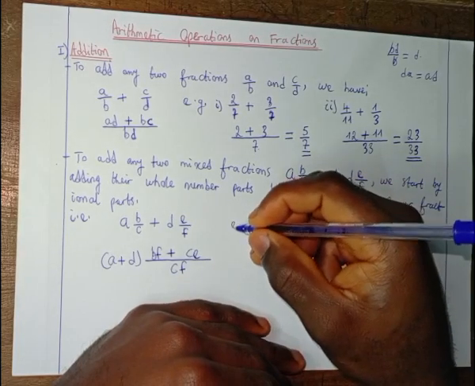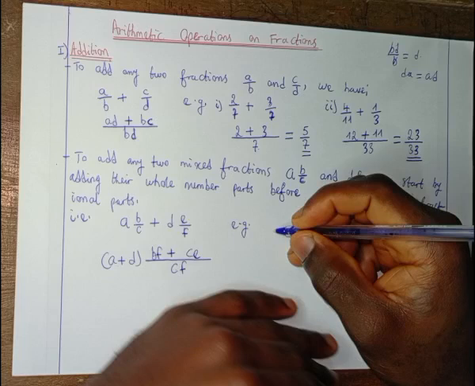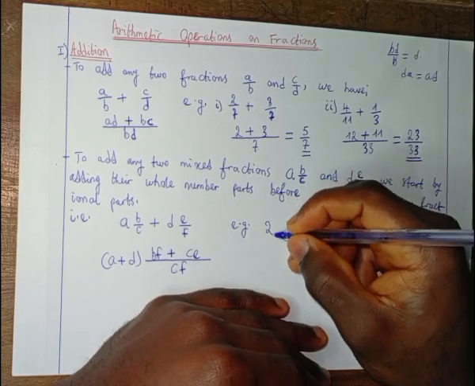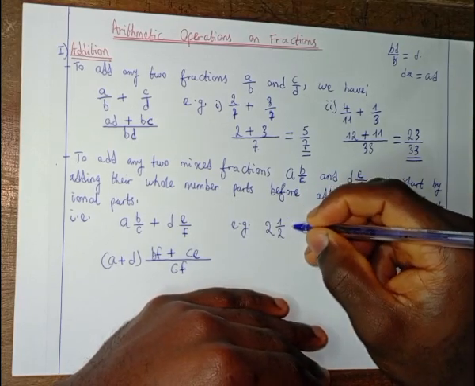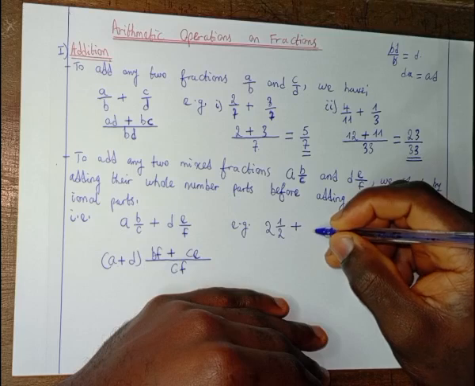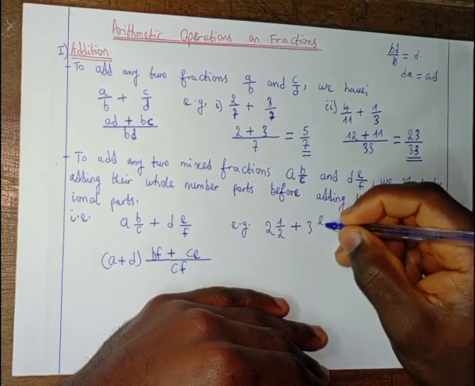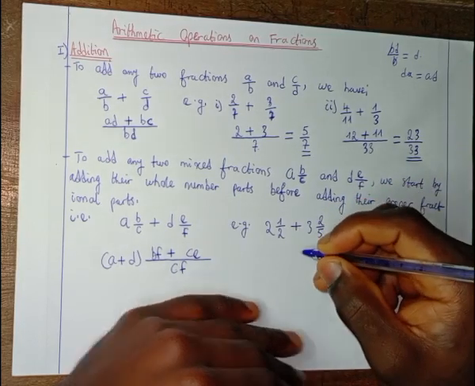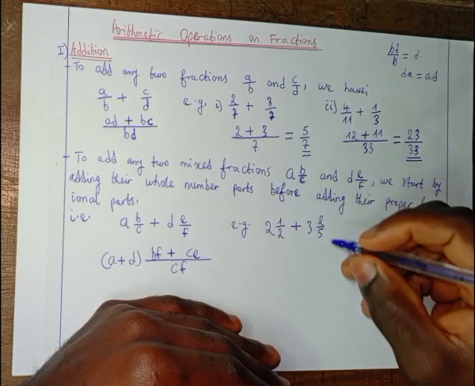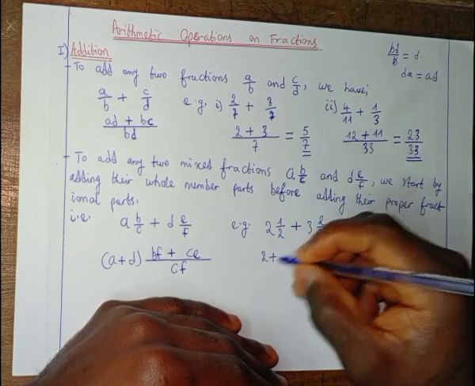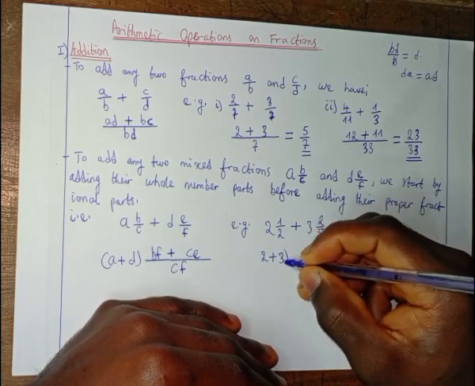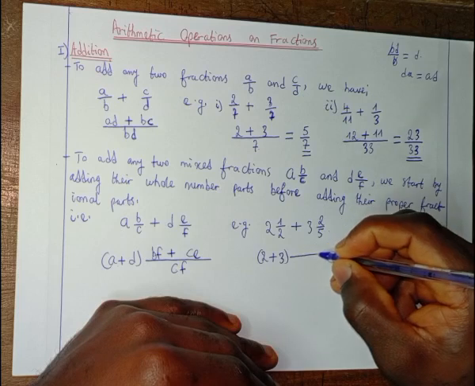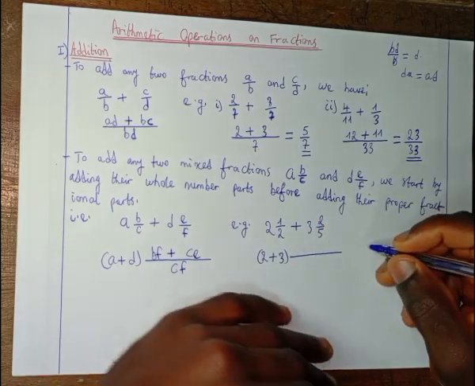Let's take an example on this. E.g., we have to add the two mixed fractions, 2 and 1/2 and 3 and 2/5. First thing, for us to get the whole number part, we are going to take 2 plus 3. We draw our vinculum. We find the LCM of their denominators.